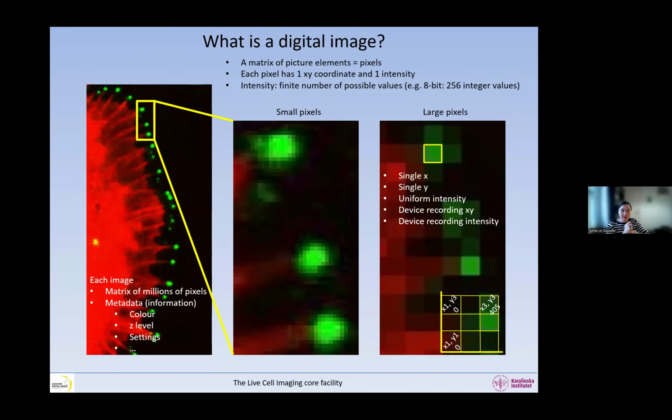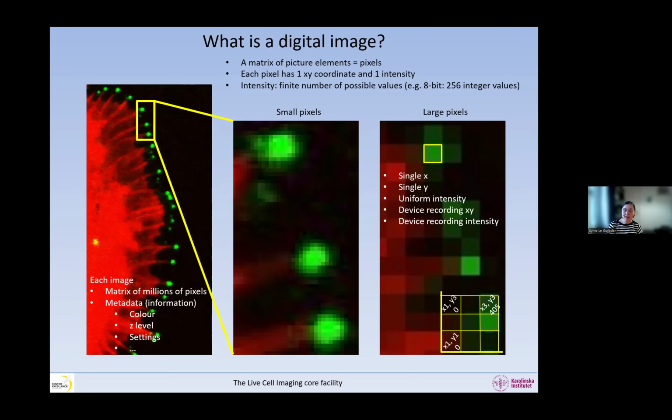When we think about an image, we have millions of pixels, but we do not have only the X, Y, and intensity information. We also have something called metadata, which is information about the way the image was acquired. So the metadata is very important. If you remember, when you applied to the course, I asked you to upload some images, and I insisted that they be in the original format.